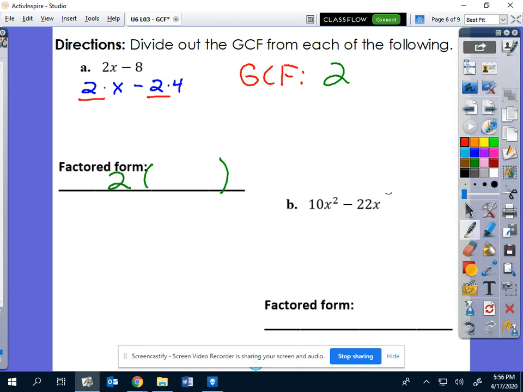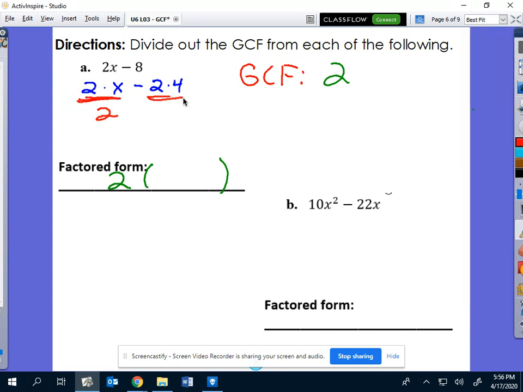Well, how do we figure out what goes in the parentheses? What we do is divide by that GCF. If we divide each term by 2, it's really easy. The 2's are gone. Look what we're left with: x, and negative 4. So x minus 4.